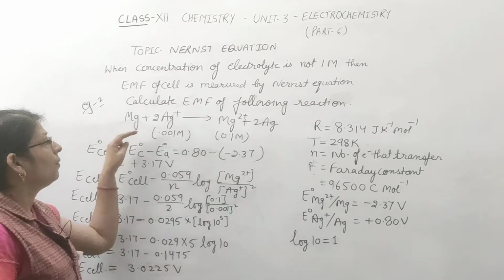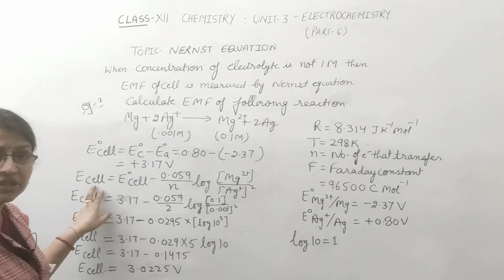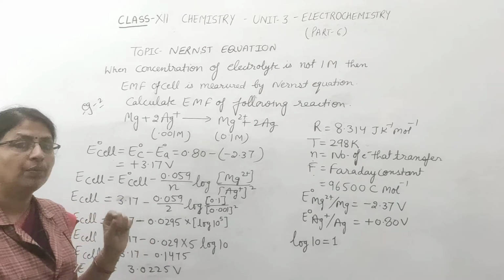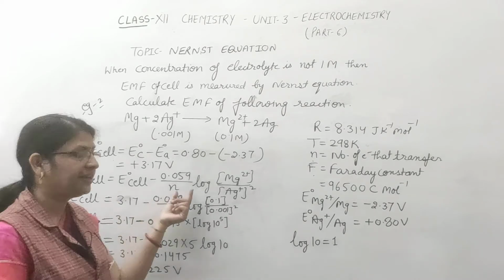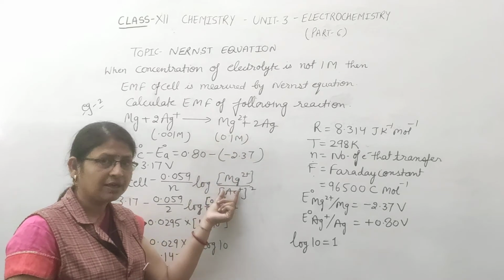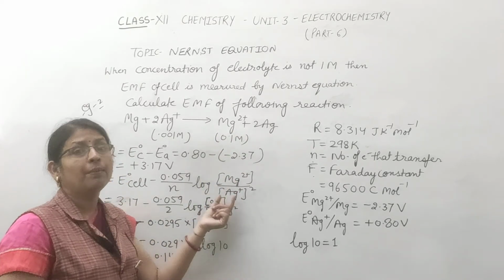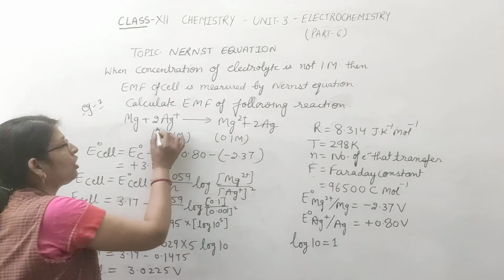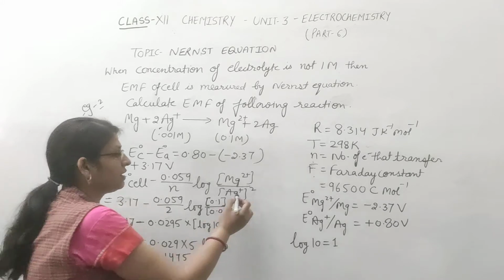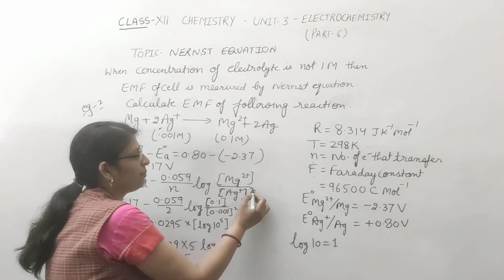Now when we apply the Nernst equation, E cell is equal to E naught cell minus 0.059 divided by n, log of the concentration of magnesium ion, which is oxidized, over the concentration of the reduced form. But here the number of moles of silver ion is 2, so in the concentration we take a bracket and power 2.